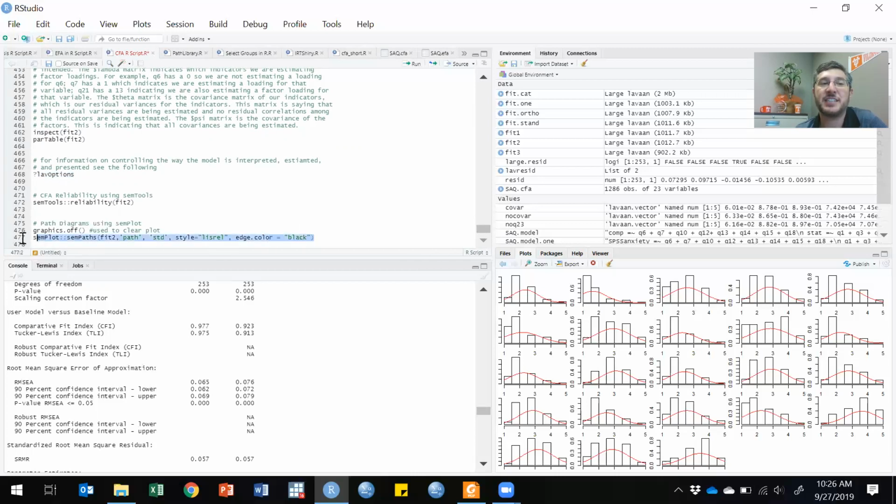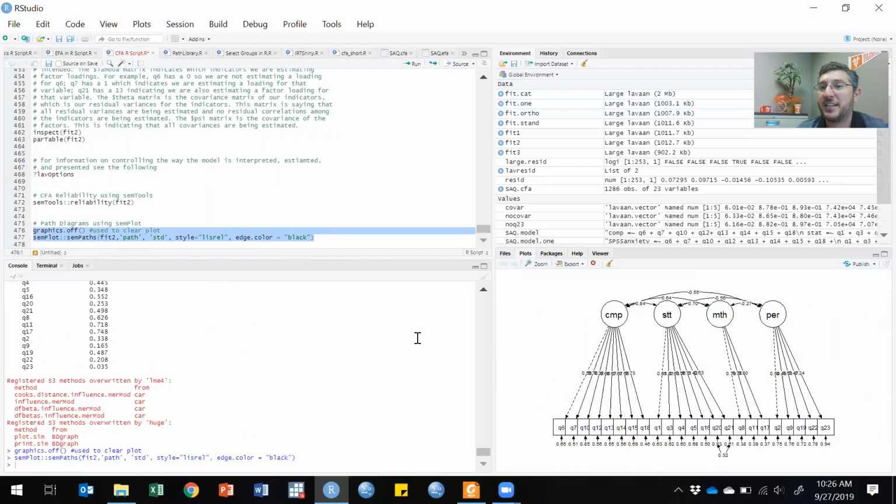And here's just some syntax using the sem paths command in the semPlot package. It's a lot more flexible than the lavaan plot package, but notice the syntax isn't as clean to use. It's another way of getting a graphical depiction of your data.